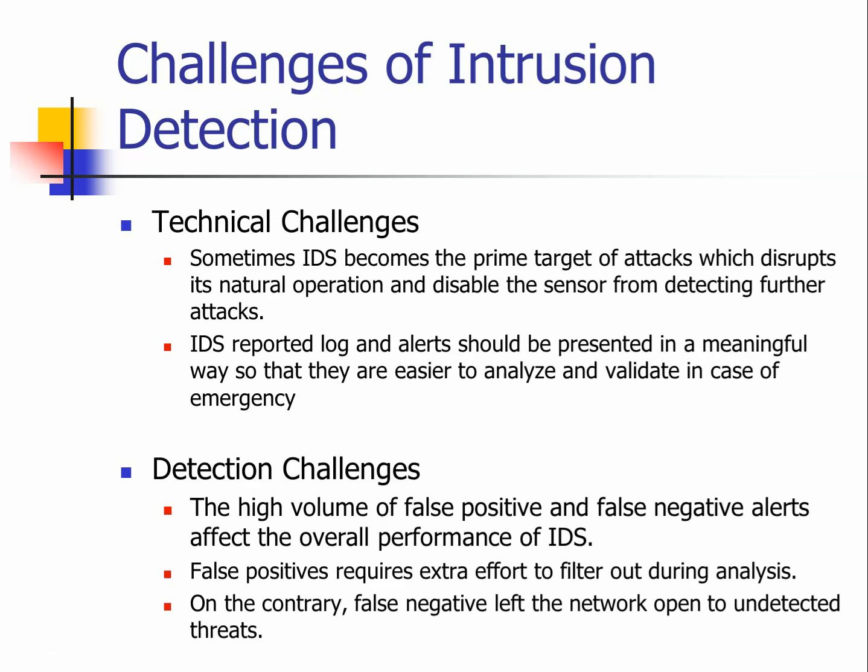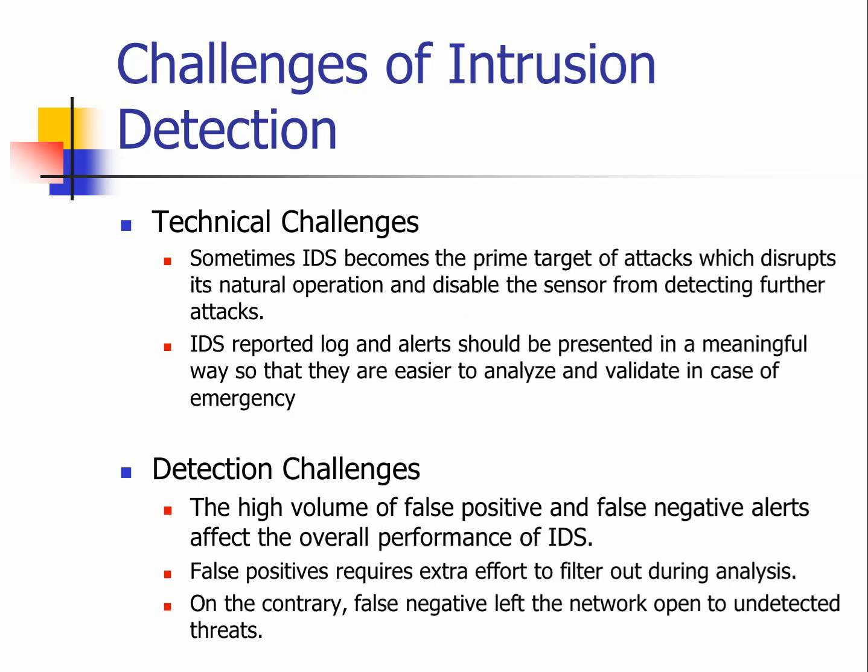Technical challenges. Some intrusion detection systems become the primary target of attacks. So basically, if you are a malicious attacker, what will you do? You probably want to take down the intrusion detection system first. And the easiest way is that if you can find a way to disable the sensor of the intrusion detection system, then they are like blind.